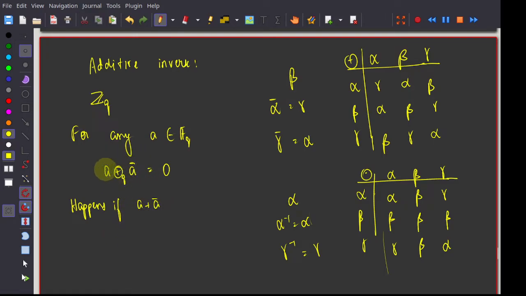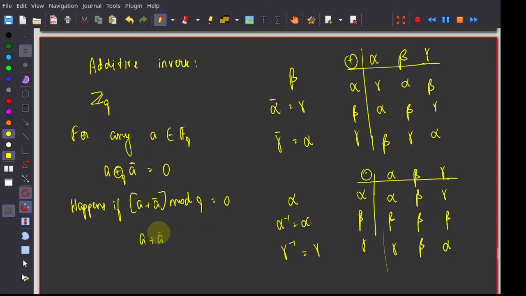So this is addition within, this is modulo Q addition, right? What can I say about the integer addition of A plus A bar? So basically I'm saying that A plus A bar mod Q is equal to 0, right? This is a restatement of this.